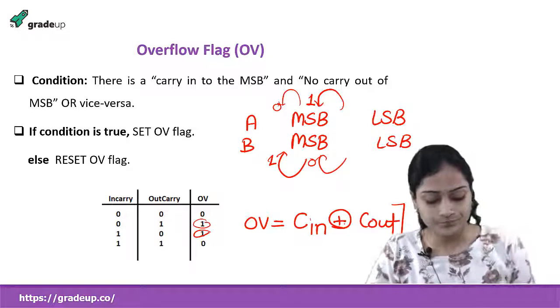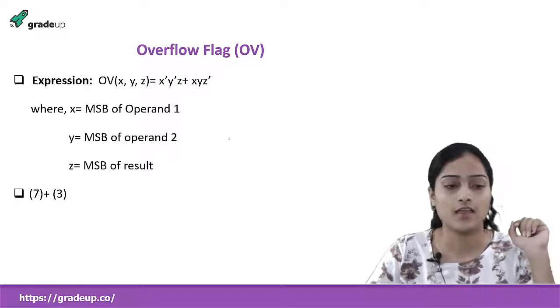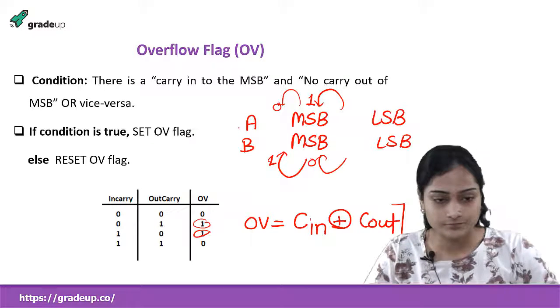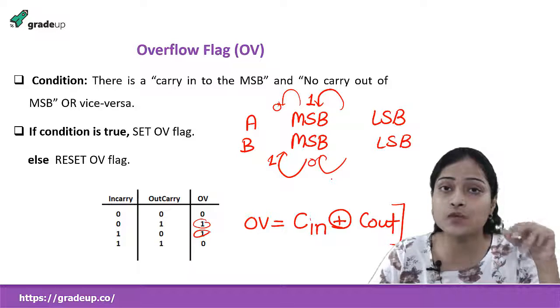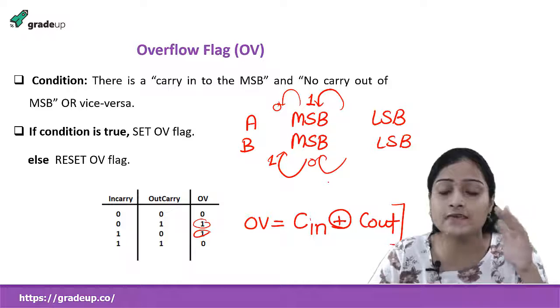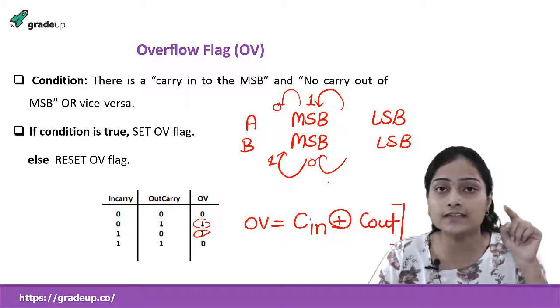Let us see why we are taking this condition. One more thing. I told you that we set overflow when we have carry into MSB and no carry out of MSB, or vice versa. You should ask me why we are taking this condition. Let us see why we are taking this condition to set my overflow flag.